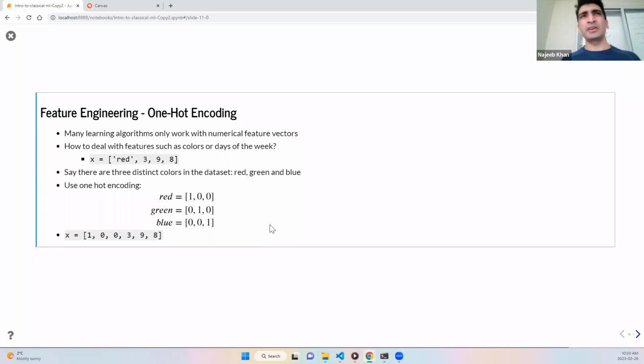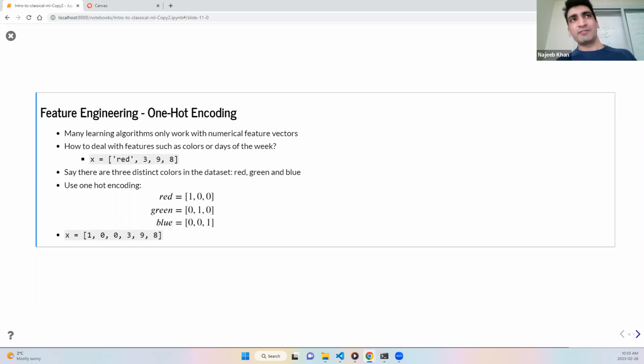You might ask, why not just put red equal to 1, green equal to 2, and blue equal to 3? The reason is that there is no such relation between colors. If we do that, we are somehow encoding proximity: that red comes first, green is closer to red, and blue is closer to green and further from red.